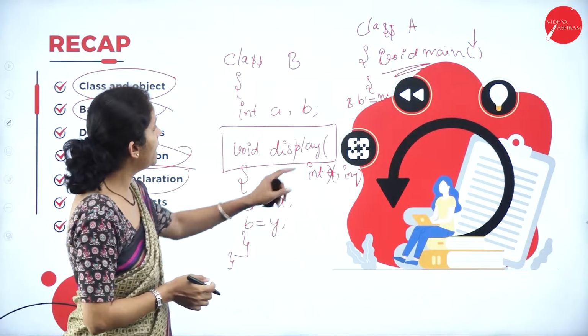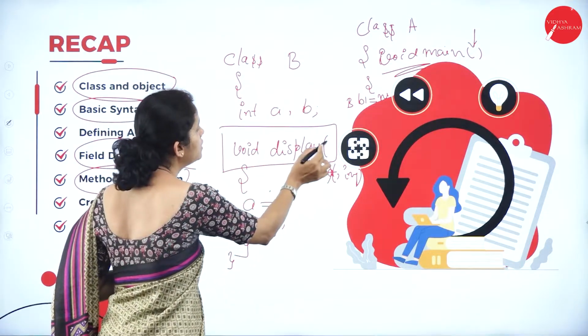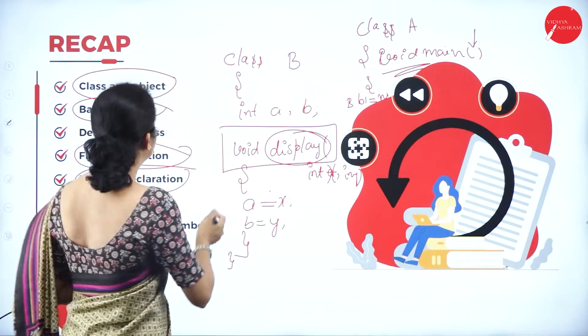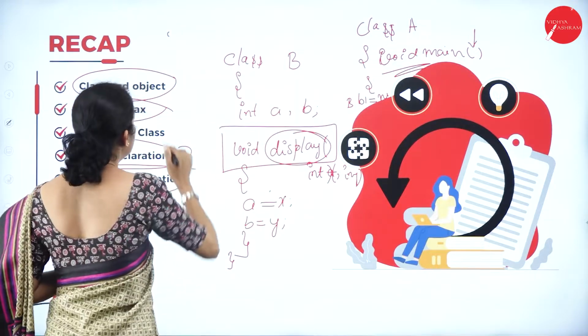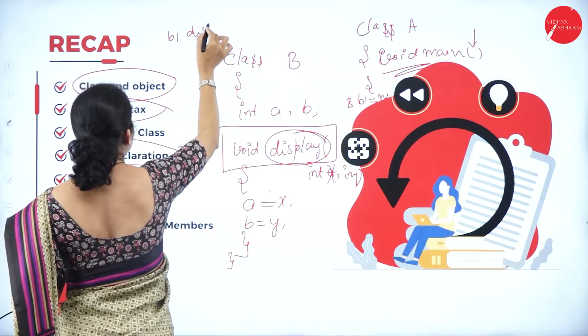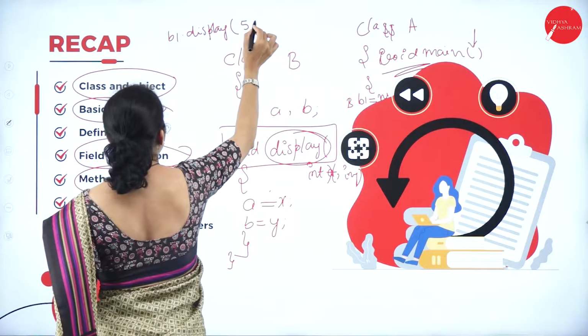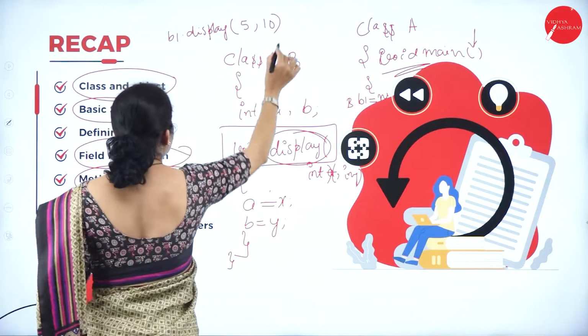Now, with the help of object b1, I can call the method. How am I going to call it? That is b1.display, and at the same time I pass the values 5 and 10.